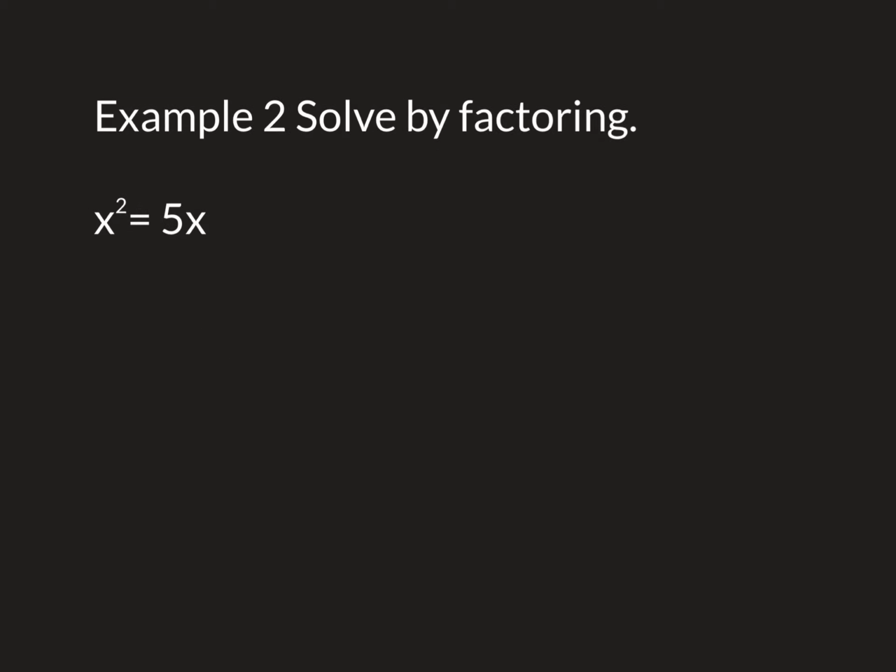Example 2, solve by factoring. So make sure it equals 0. Subtract 5x from both sides. X squared minus 5x equals 0. Next, factor. This is not a trinomial, so I'm going to check for a greatest common factor. And I do have a greatest common factor of x.